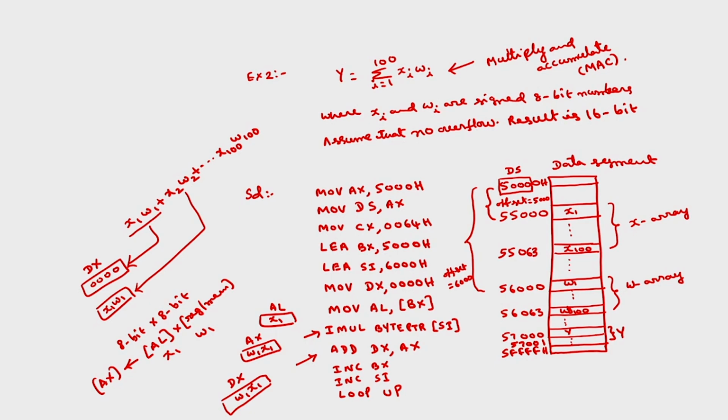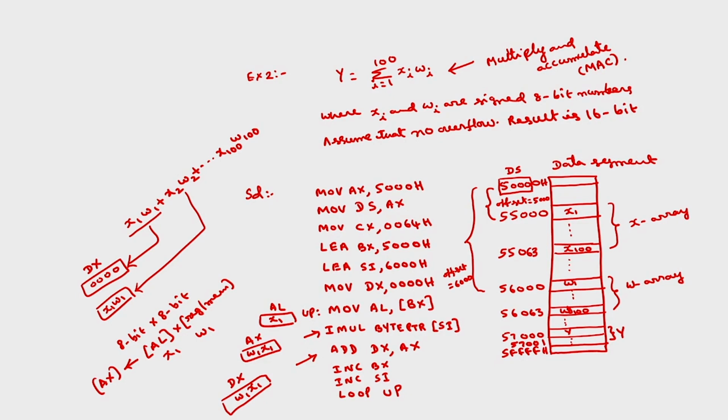In the up we have to perform x2 into w2 and add it to w1 x1. So this up will be placed here. Now what will be taken into AL in the second iteration? The contents of the location whose offset is present in BX. BX was initially 5000, I have incremented it by 1, so it will be 5001, which is the offset of x2.